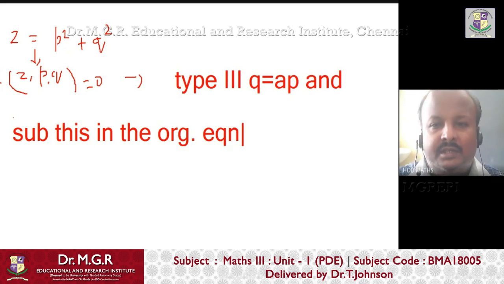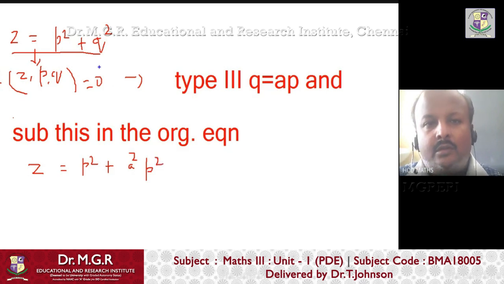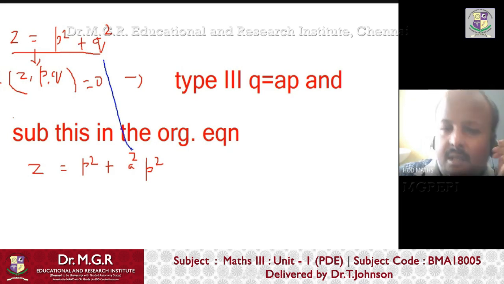What is the original equation? The original equation is nothing but this one. If you substitute, what will happen? z equals p square, in place of q square you can write (ap) whole square, that is a square p square. Right? So in place of q square, you can substitute a square p square.